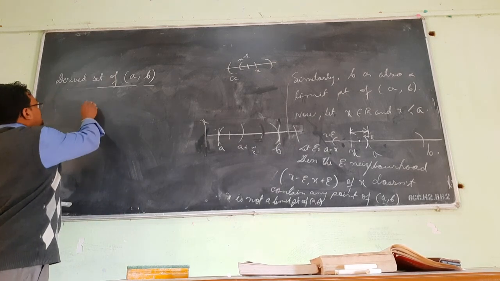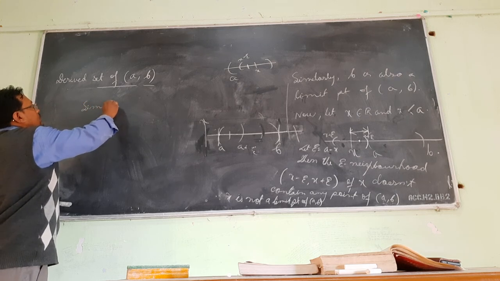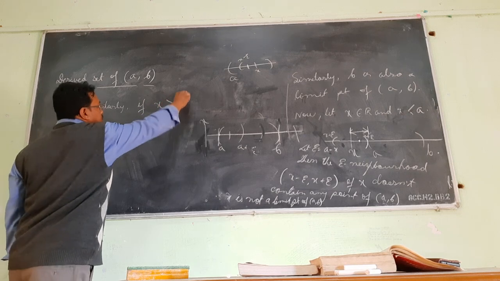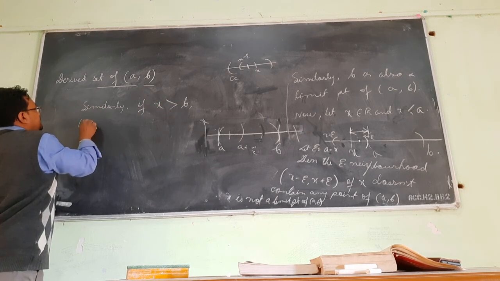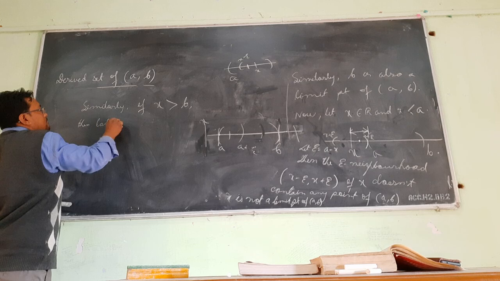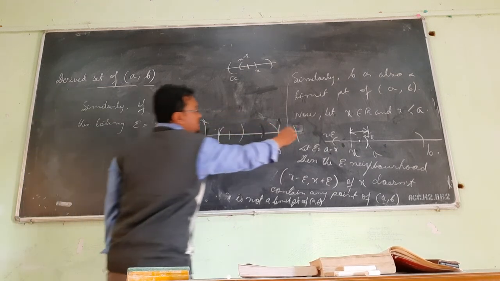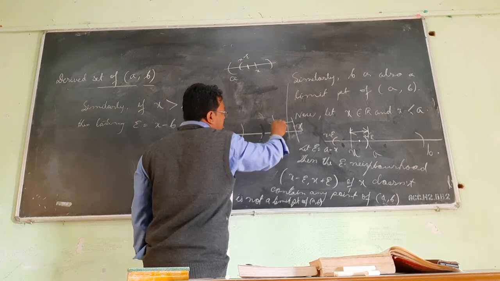So similarly, if x is strictly greater than b, then taking epsilon equal to x minus b. If x is somewhere here, I take this difference as epsilon.